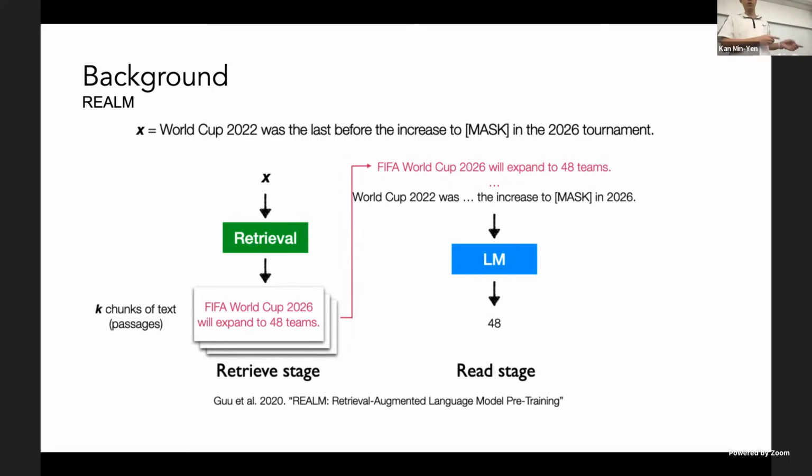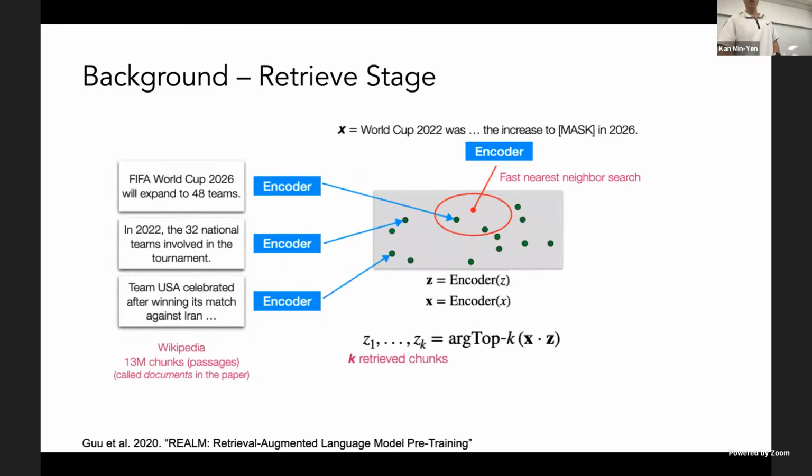In this work, if we retrieve some relevant documents, and we want to do masked language model pre-training, we use the retrieved text, put it into the original inputs, and hope it can make the correct prediction at the mask position.